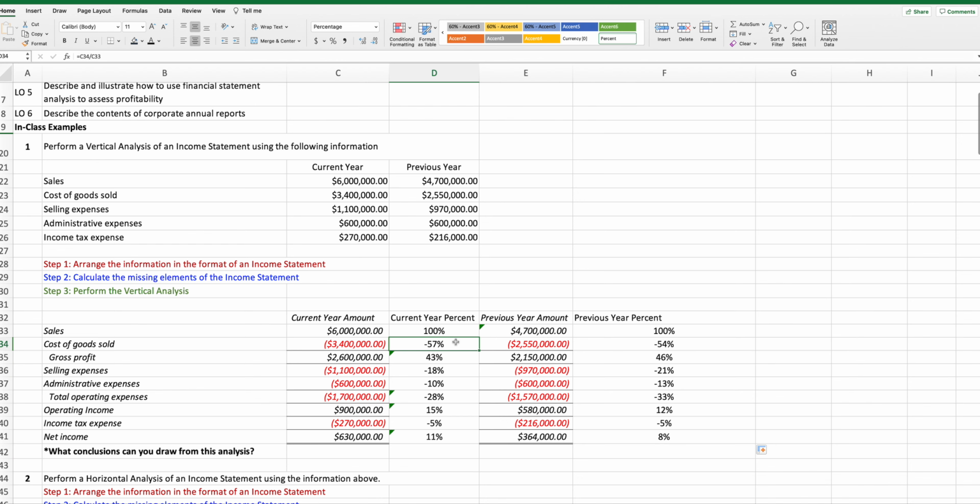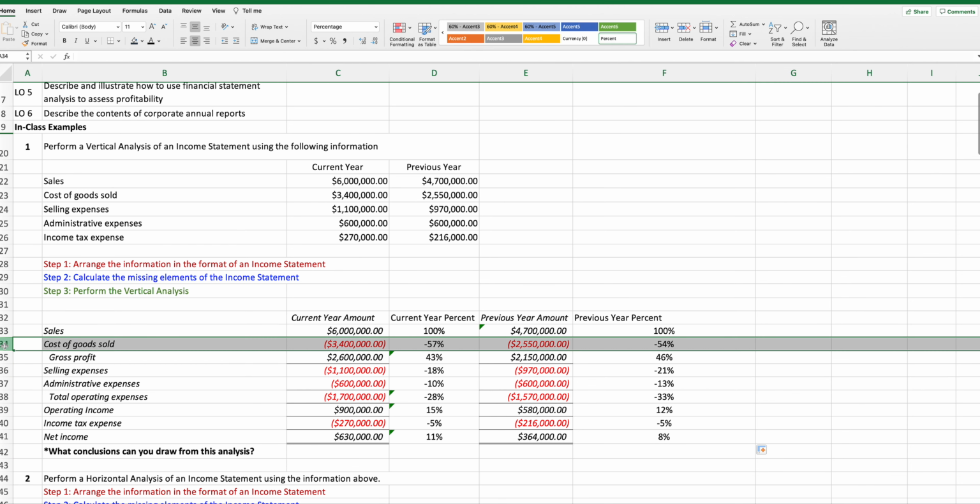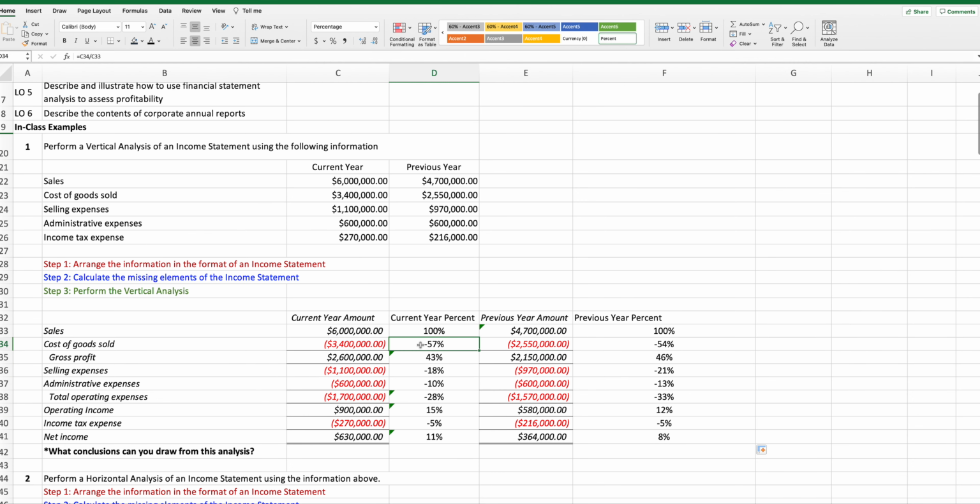So you really have to look at your economic indicators to determine if this is a good thing. We've seen with COVID-19 that our logistics, our supply chains were impacted, which actually increased the price of a lot of things.